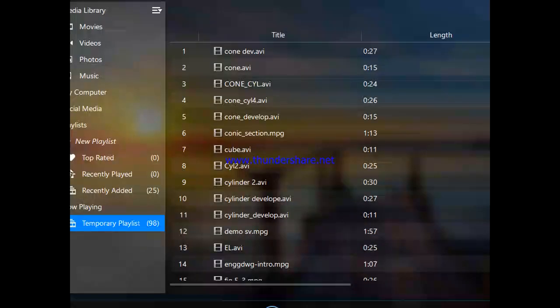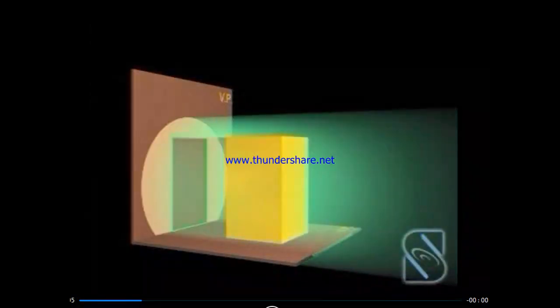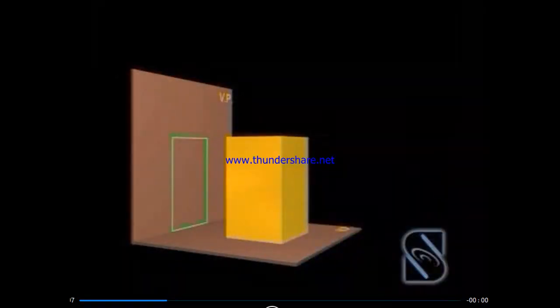Once again, position the square prism in the first quadrant. Look at the solid from the front to obtain the front view as shown in the figure.